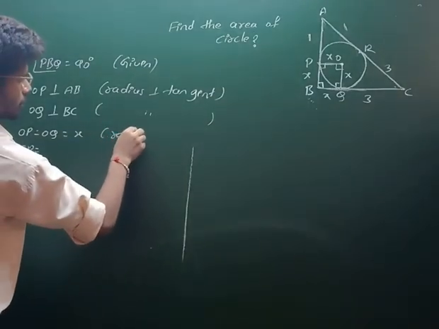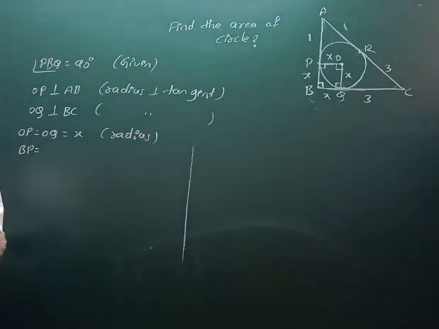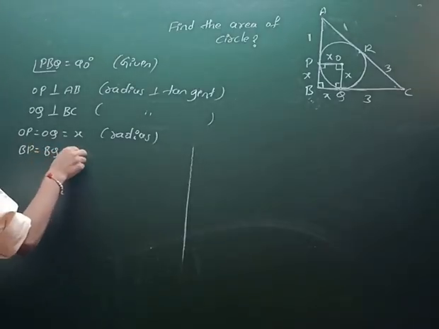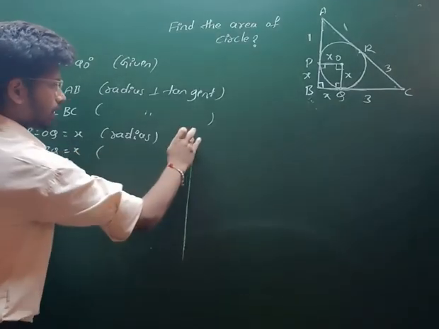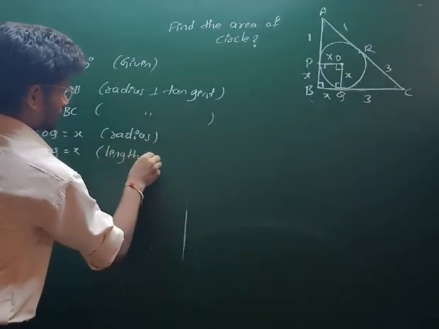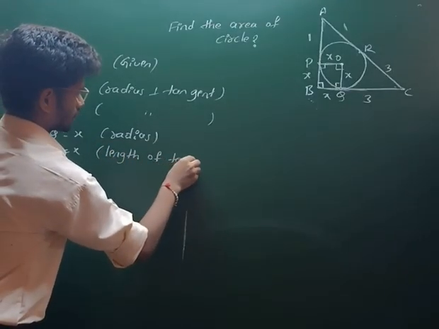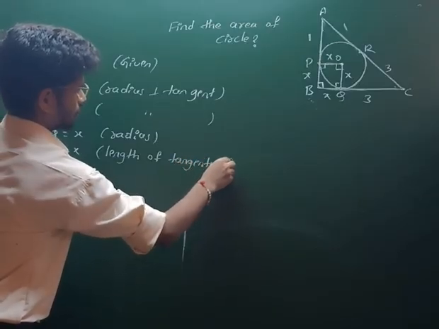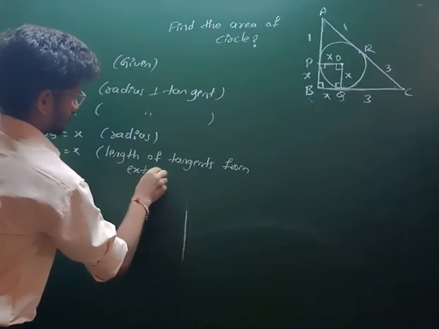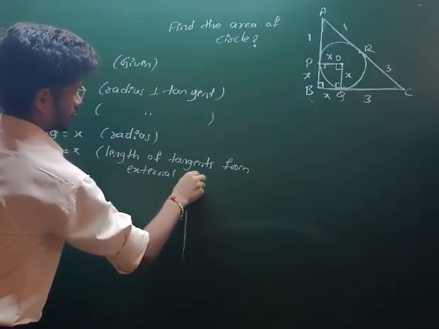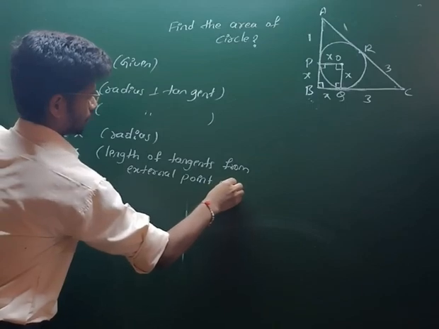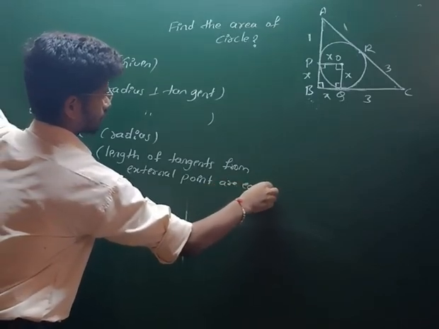And BP is equal to BQ, it is also X, because the lengths of tangents from an external point are equal. This is the reason.